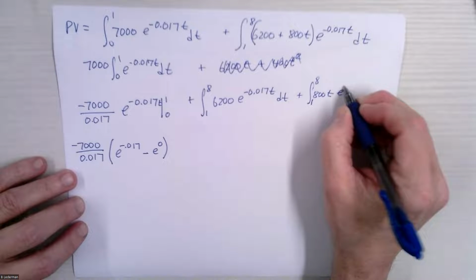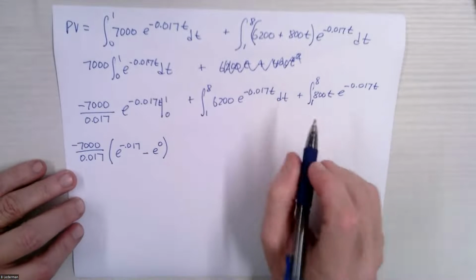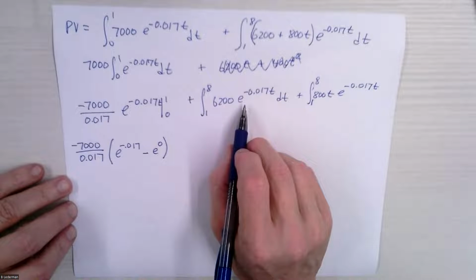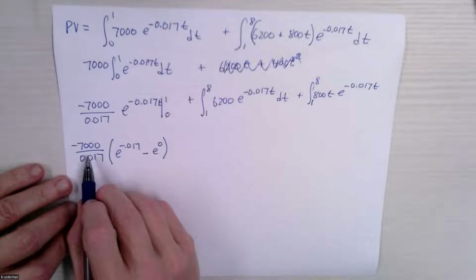times e to the negative 0.017 t. For this first one, it's going to be very similar, almost the same as the earlier one.